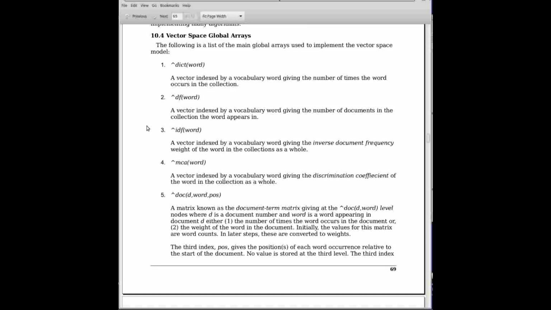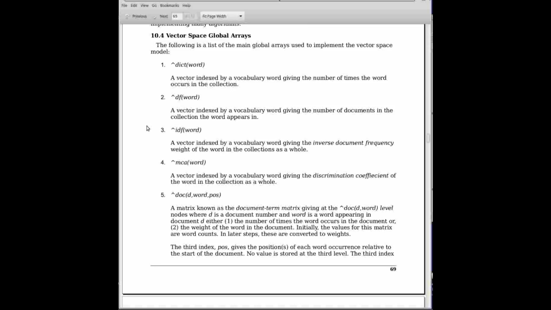The next one is DF, or document frequency. It's also indexed by word. It's also a dictionary. The words are actually terms. They've been stemmed. In some cases, there'll be other things, as we'll see later. This is a vector which gives us the total number of documents each word occurs in.